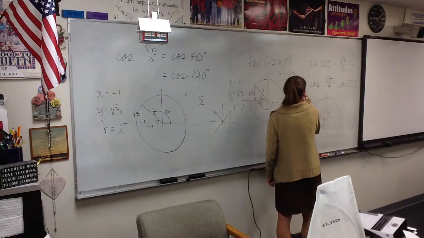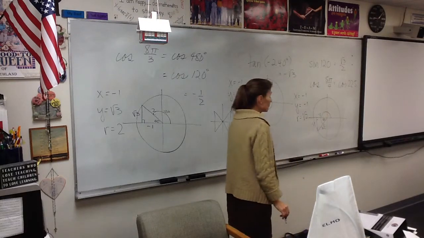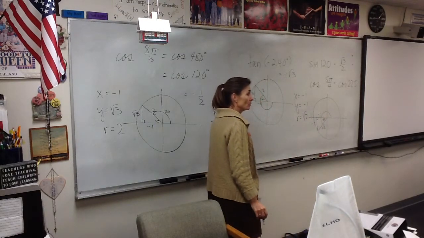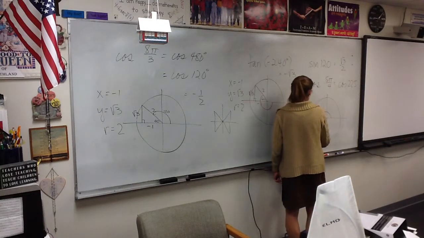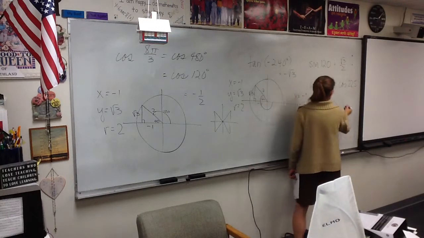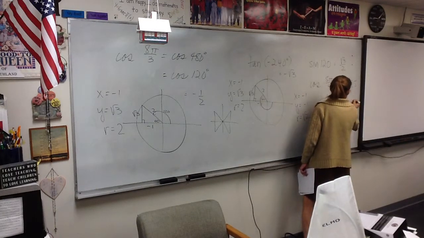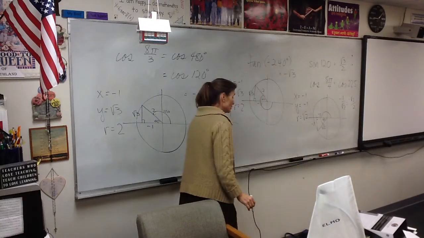In quadrant 3, your x is negative and your y is negative, and of course your r is always positive. Now we want the cosine. What's the cosine? X over r, or adjacent over hypotenuse. Any way you look at it, you get negative 1 over root 2, which we rationalize as negative root 2 over 2.